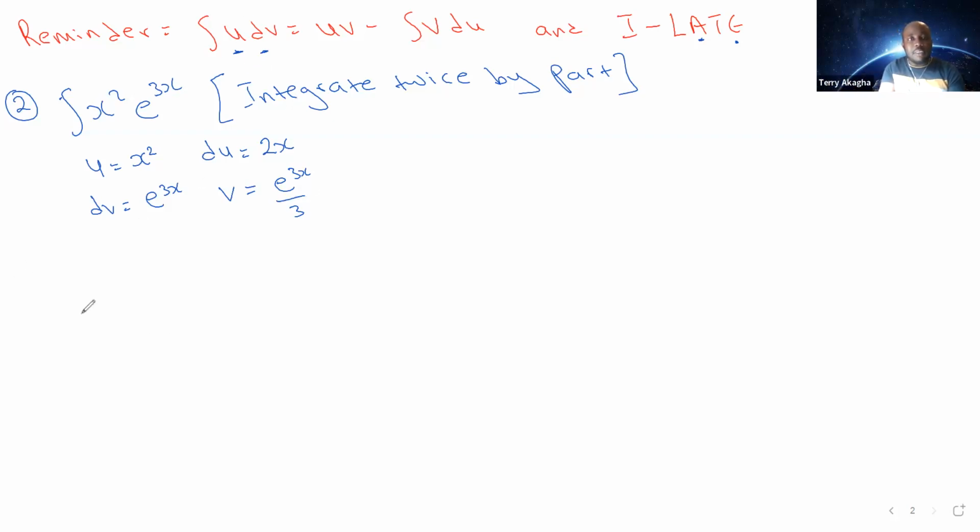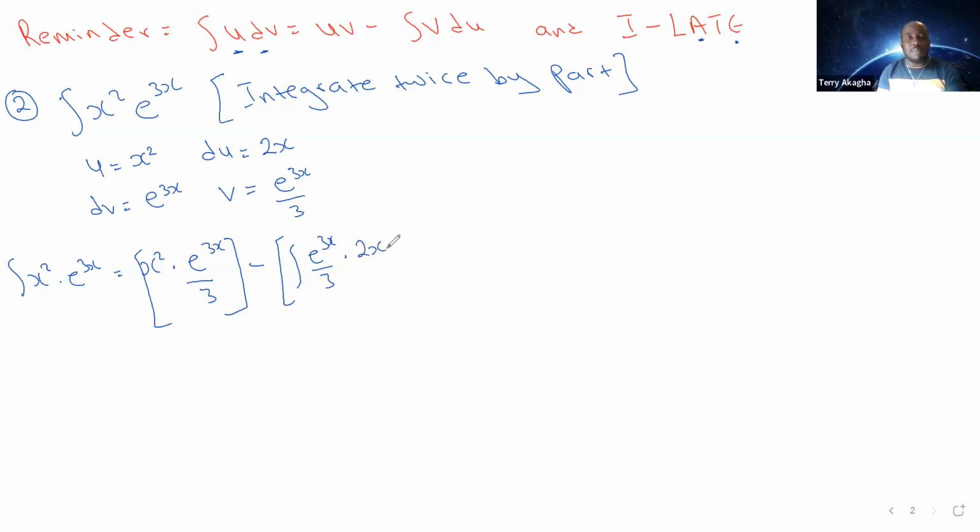So when we're integrating x squared times e to the 3x, it will be equal to our u, which is x squared, multiplied by our v, which is e to the 3x divided by 3, minus the integral of v, which is e to the 3x divided by 3, and our du is 2x.